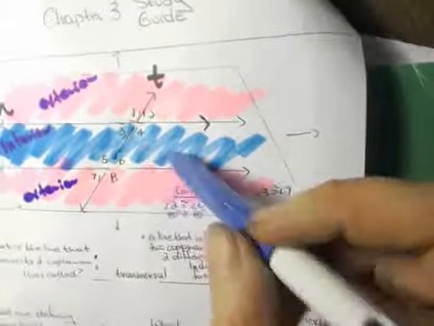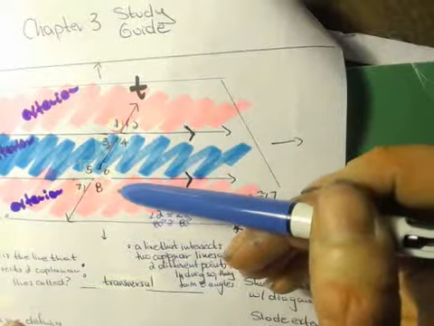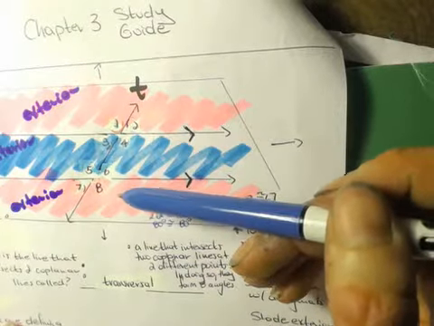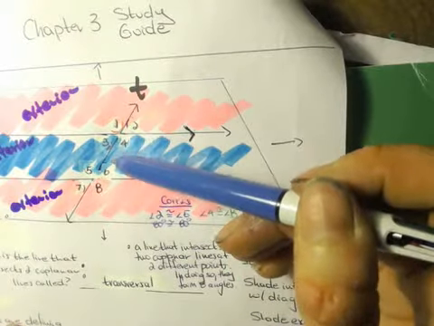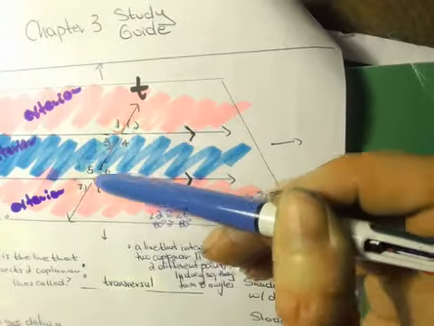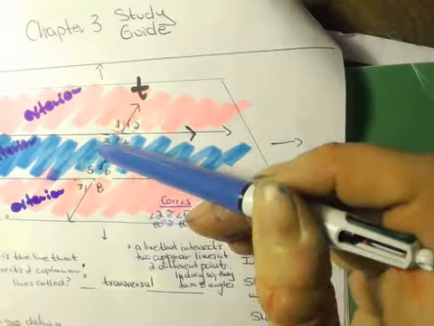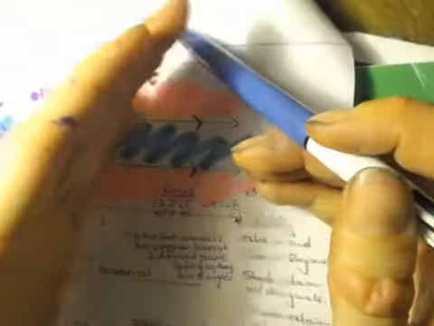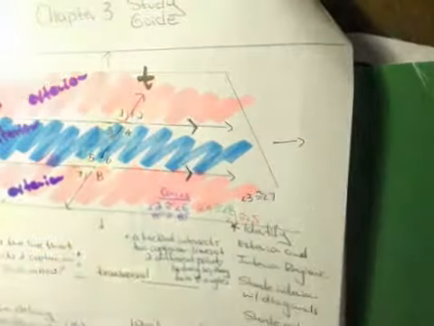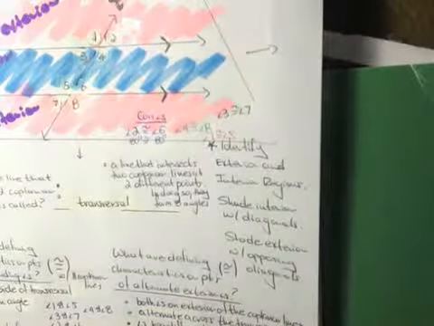Looking at our figure, we have 3, 4, 5, and 6 that are interior, and they have to be on the same side of the transversal. So 4 and 6 are on the same side of the transversal, and 5 and 3 are on the same side of the transversal. They're above T. And then 4 and 6 are below T. So we could say 4 and 6 are same-side interior angles.